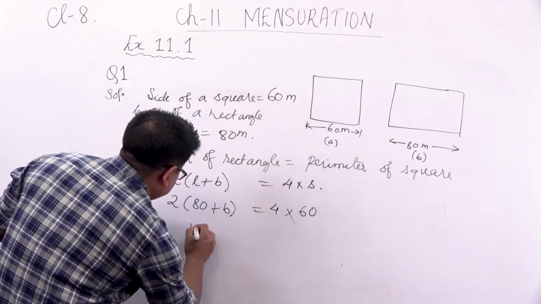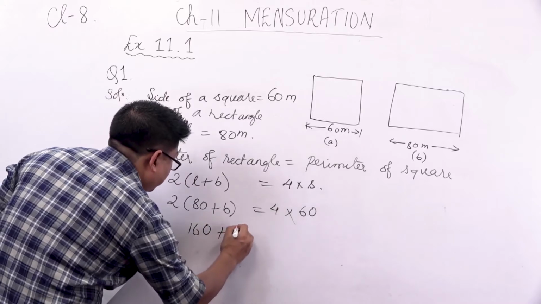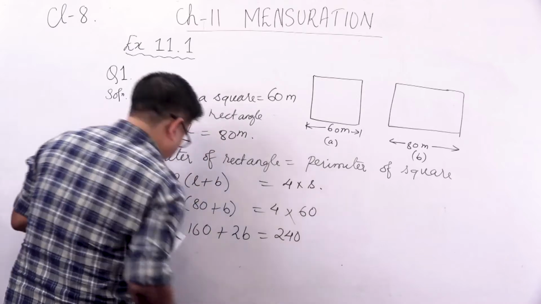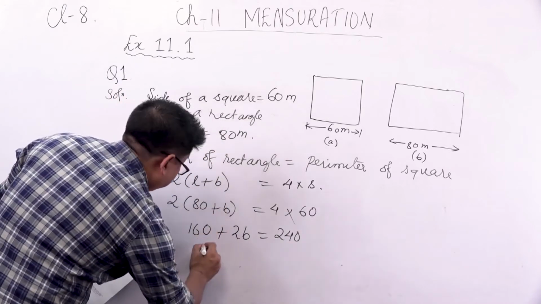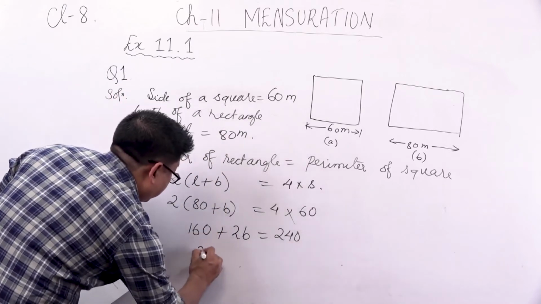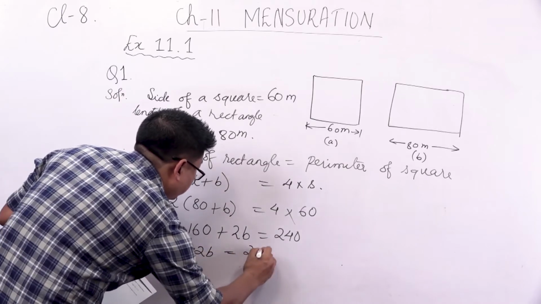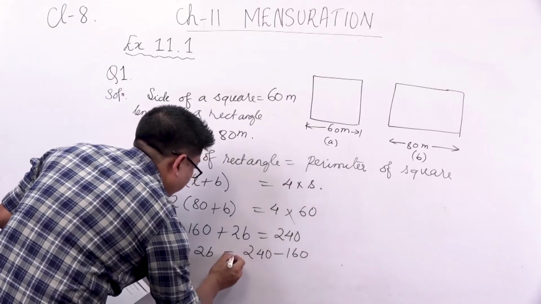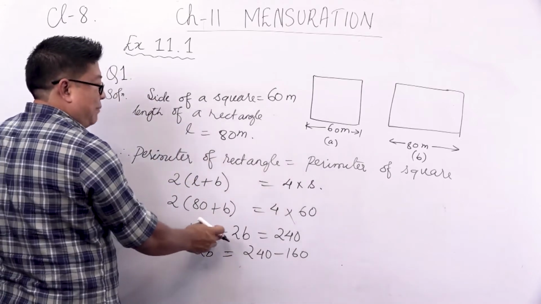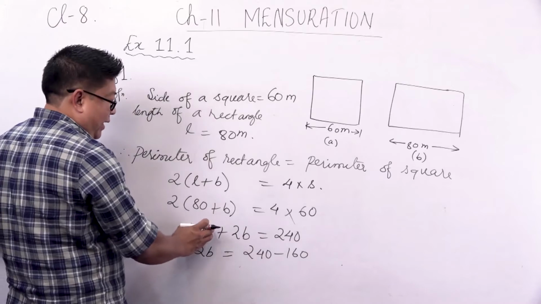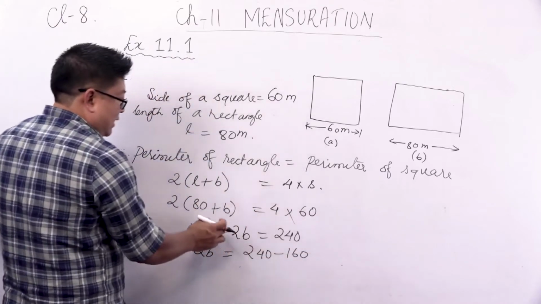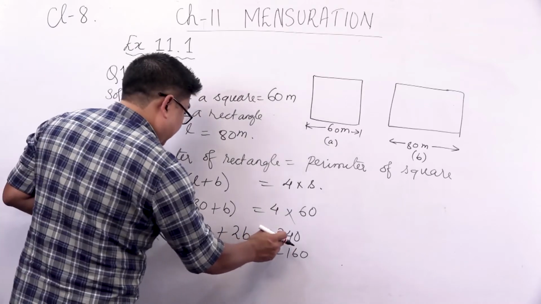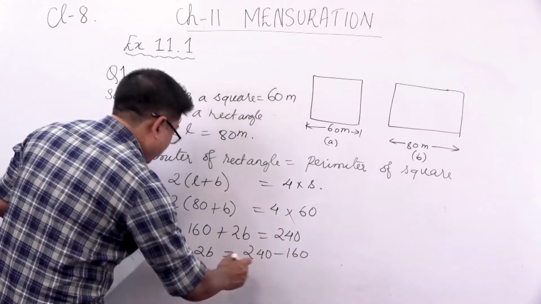So we will write this as 2 into 80 is 160 plus 2 into B is 2B, 4 into 60 is 240, and 2B is equal to 240 minus 160. Here 160 plus 2B. So when I take 160 on this side, this plus will become minus, okay? So 240 minus 160.